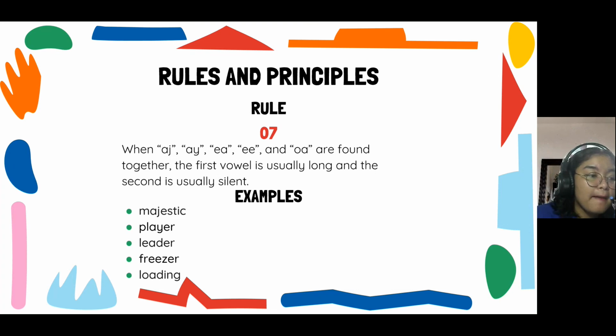When we pronounce majestic, the first vowel is long, and then the second one, which is E, is silent. As well as the word player, the first vowel has a long sound, and the second one, which is E, is silent as well.